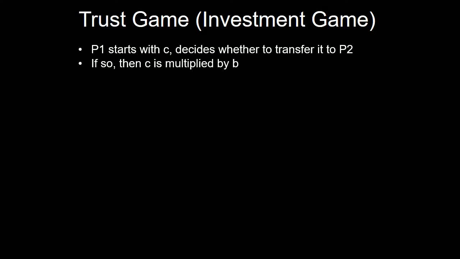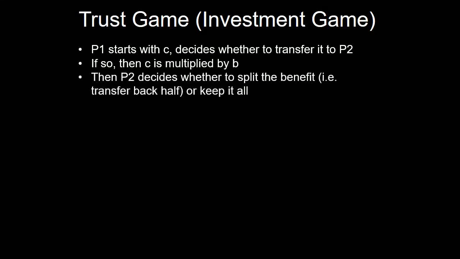If player one transfers it, then that amount is multiplied by some amount B, so benefit is created through the investment, or mutual trust, process. And then player two decides whether to split that amount that she now has, C times B, or to keep it all.